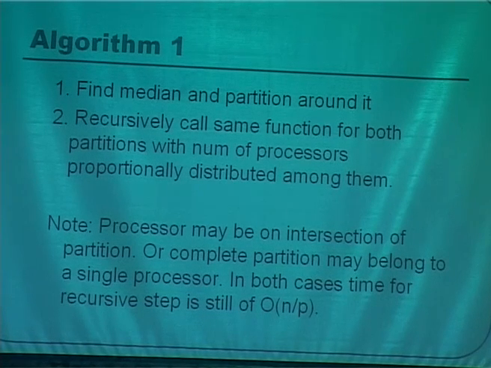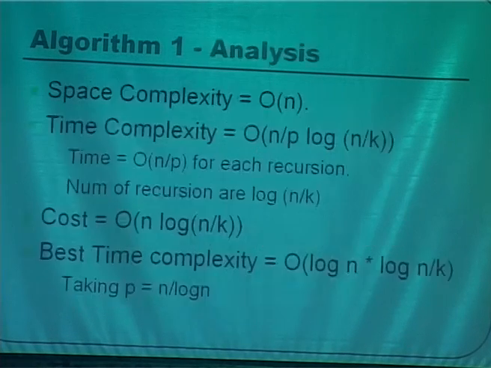And if the n by p elements that a processor contains cover the whole partition, then the time required for finding the median and partitioning around it is still bound by order n by p, because it's linear. Space complexity is order n, that's okay.